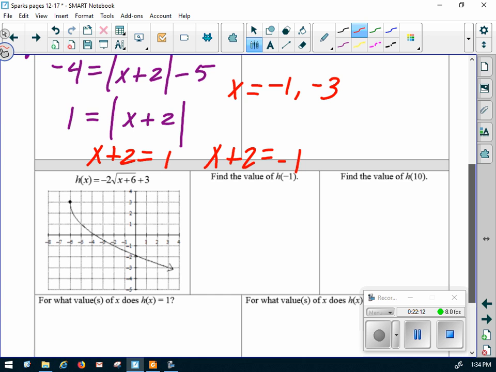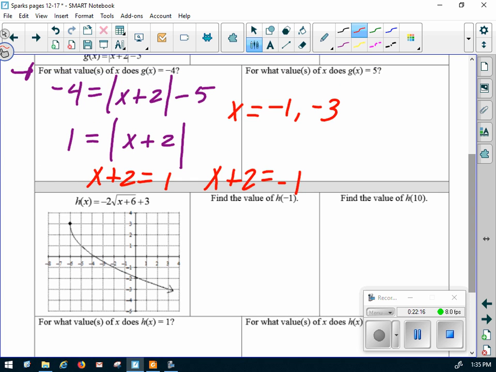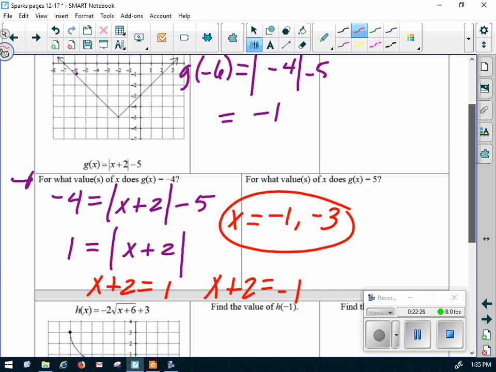Now, what did we just find? The x values when y equals -4. Are those the x values when y equals -4? There's y equals -4. There they are, -1 and -3.